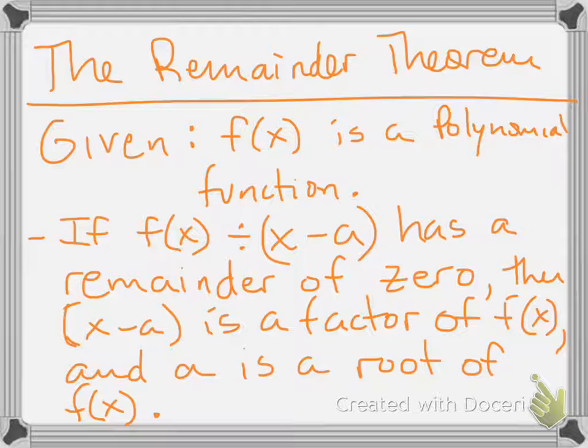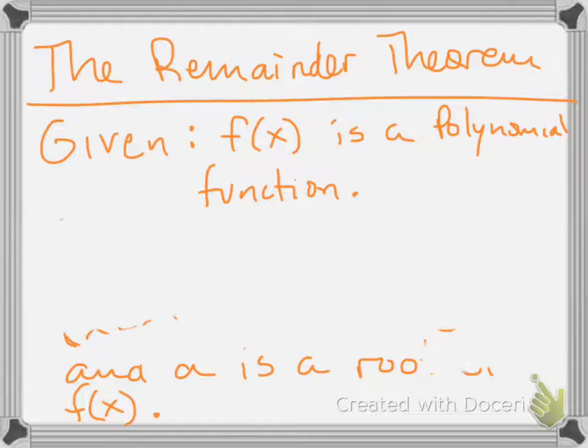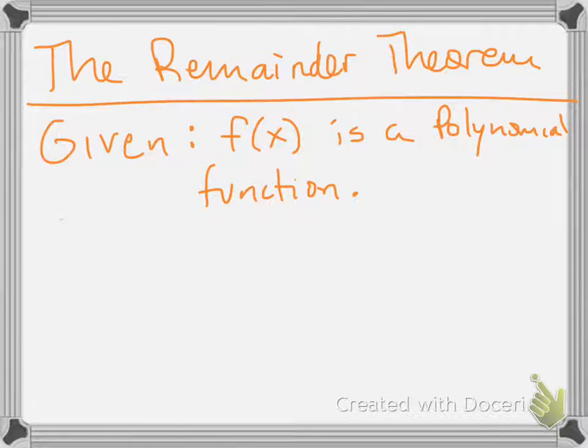All right, here's the other condition. Now, what would the other condition be, you think? What if f of x divided by x minus a does not have a remainder of 0? We're going to be a little bit more specific because we're really only going to be interested in rational values. We're just going to consider it if it's a rational number.